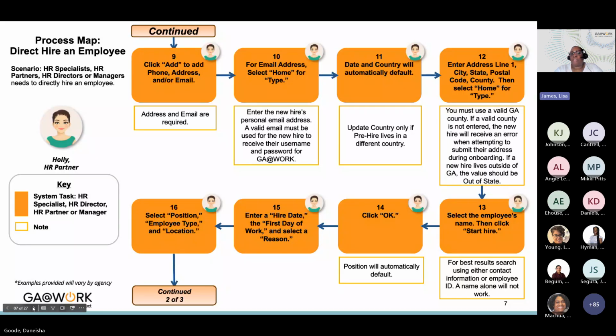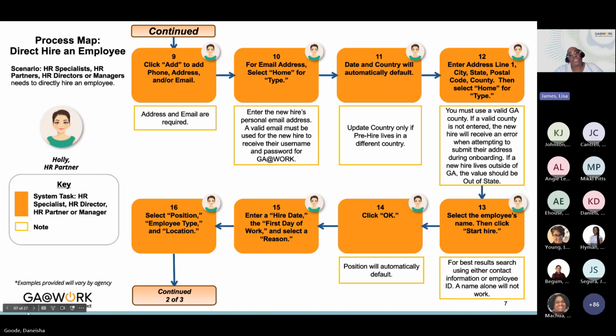And again, as I stated, we need to add the phone number, address, and email address. The date is very critical. If you have an existing pre-hire that was created yesterday, but you're hiring them today, we need to make sure that we update that address effective date field to today's date, the hire date, or else you will receive a validation error.